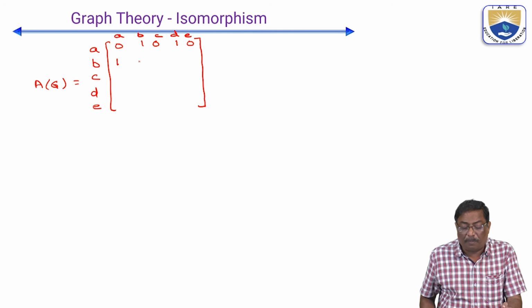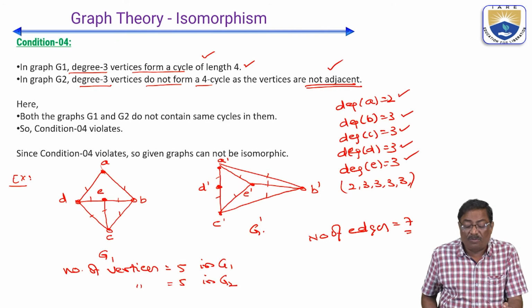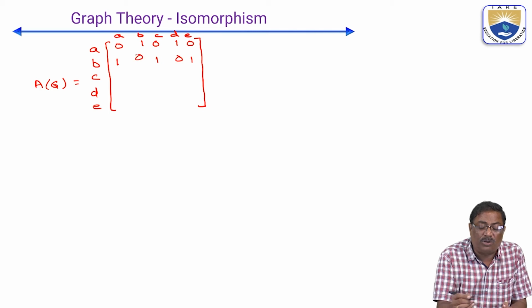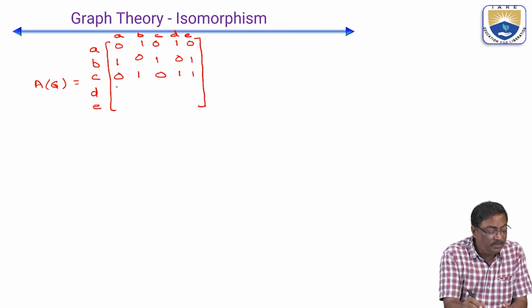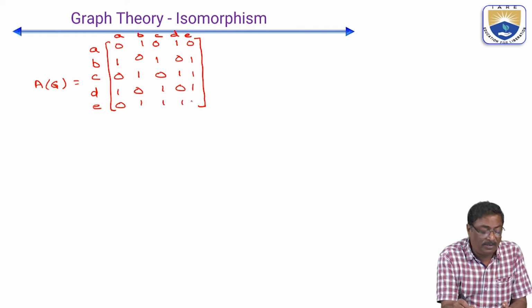From B, E and C are there. So we construct the adjacency matrix as 0, 1, 0, 1, 1. And now D: 1, 0, then 1, 0, 1. Then E: 0, 1, 1, 1 and 0.